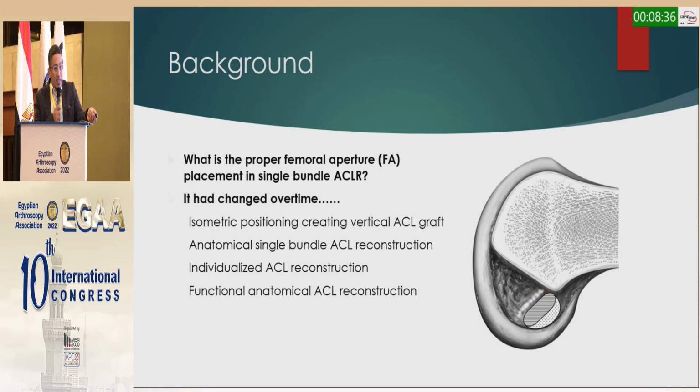Then we realized that this footprint geometry could differ from individual to individual, and we shifted to individualized ACL reconstruction. Then we realized that there are two histological appearances of the insertion of the ACL, direct and indirect, and we shifted to put the ACL single bundle in the more functional bundle, which is the direct fibers.